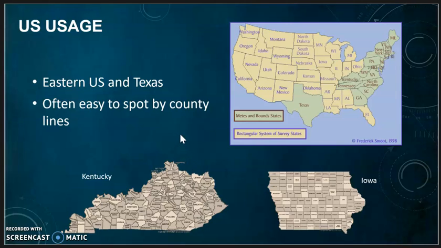And you can usually spot them easily by county lines. For example, in Kentucky, the county lines are a lot more organic, and it looks like they were just surveyed by whoever got that lot. And then in Iowa, which uses the rectangular system of survey states or state plane states, you can see it's a grid and everything is measured out methodically here.